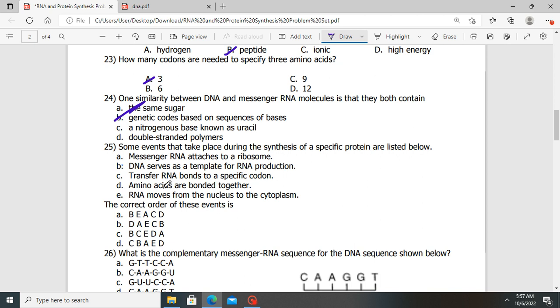The first one is B. For the synthesis of any protein, the DNA must serve as a template for the RNA molecule. Then the next one is E. The RNA must move from the nucleus to the cytoplasm.